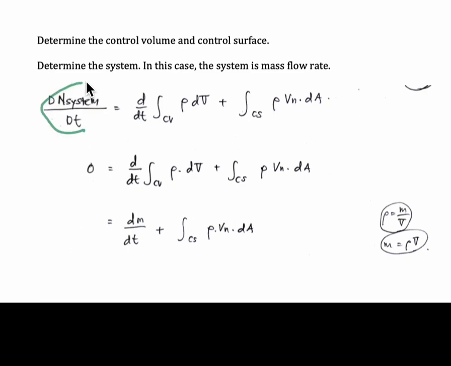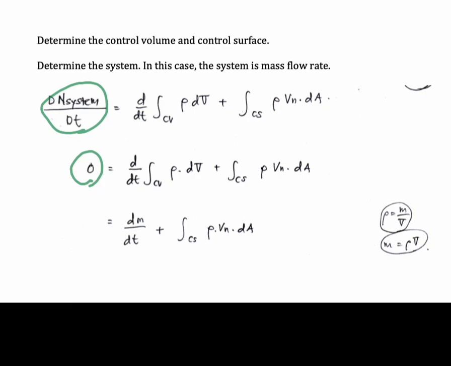And then for dN/dt, we put it equal to 0. Why? Because in the continuity equation, we believe that at any condition, the conservation of mass must balance.